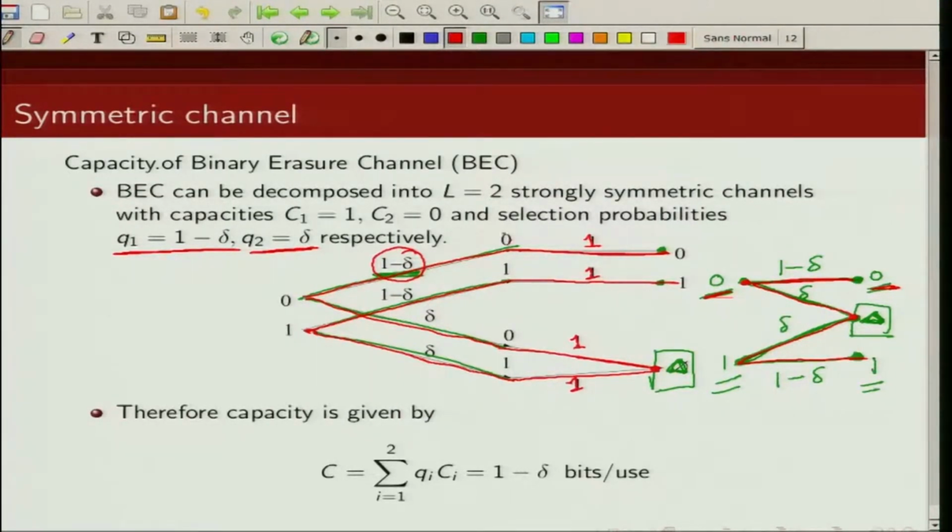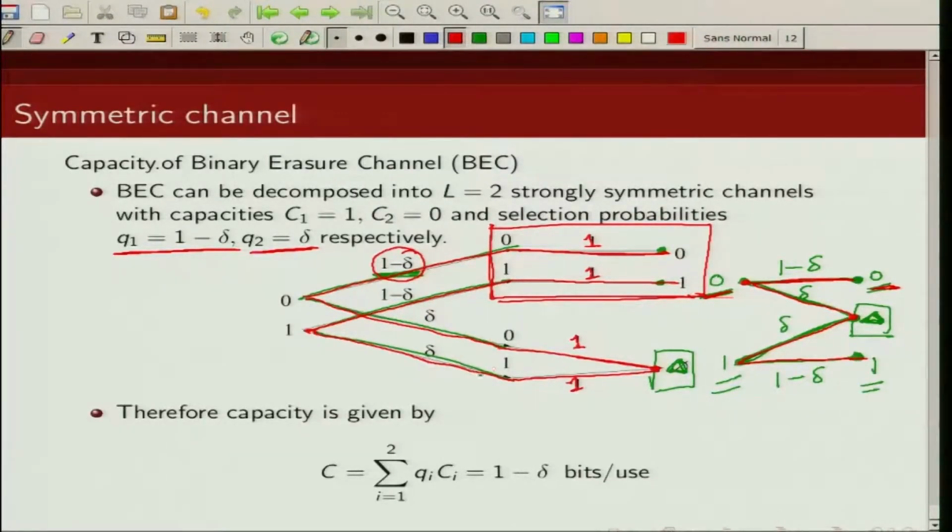Now what is the capacity of this channel? This is a strongly symmetric channel, and the capacity of this channel is 1. We can easily see this capacity is 1.